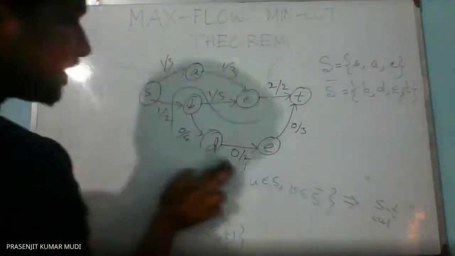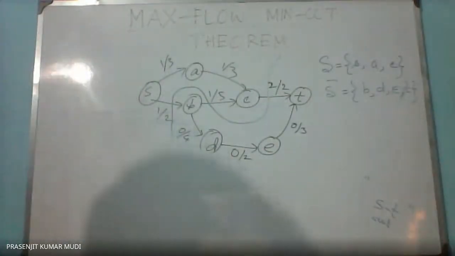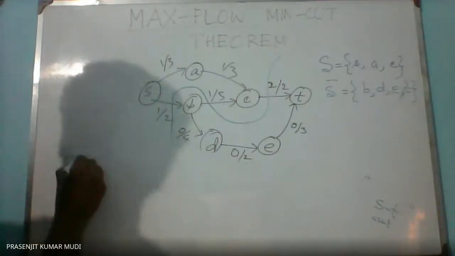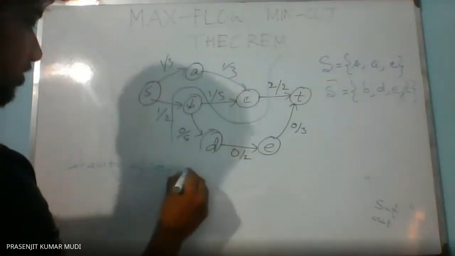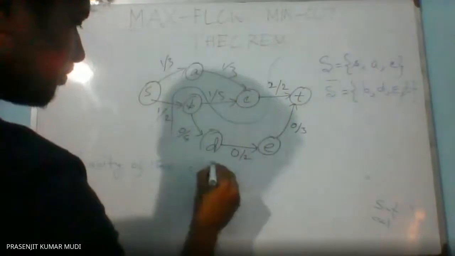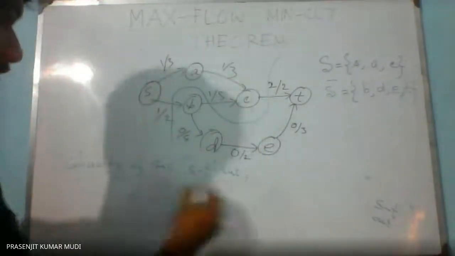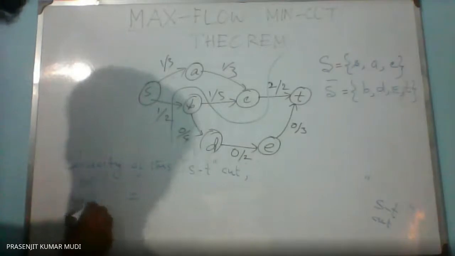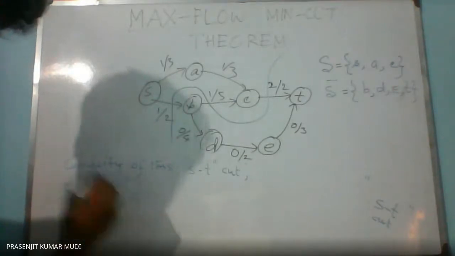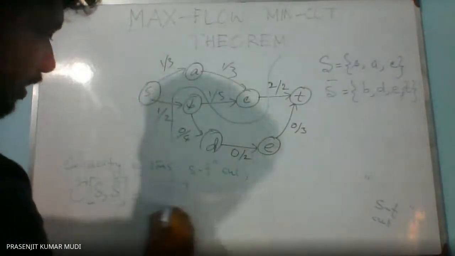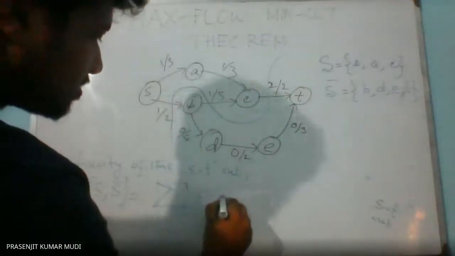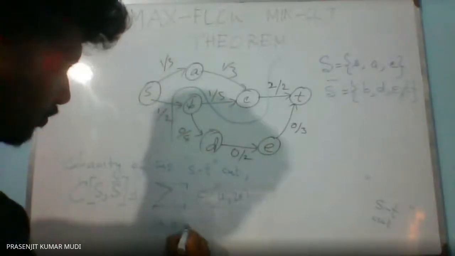Now let's calculate the capacity of this ST cut. The capacity of this ST cut is denoted by C of capital S comma S bar, the summation of all the capacities of the edges where UV belongs to the cut.